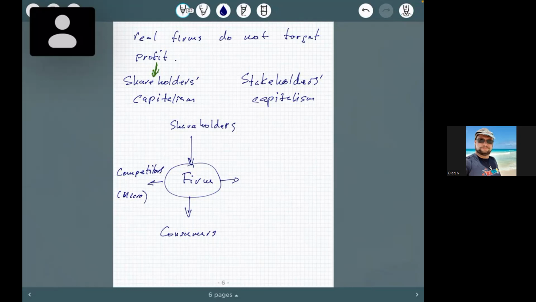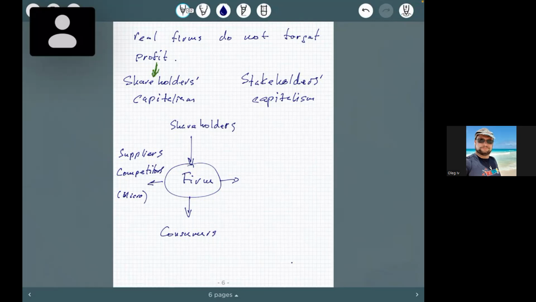So microenvironment is your industry, your competitors, and also suppliers, where you get materials, stuff that you need to produce, maybe buy wholesale products, things like this. So suppliers, competitors, some other industry players, associations, things like this.